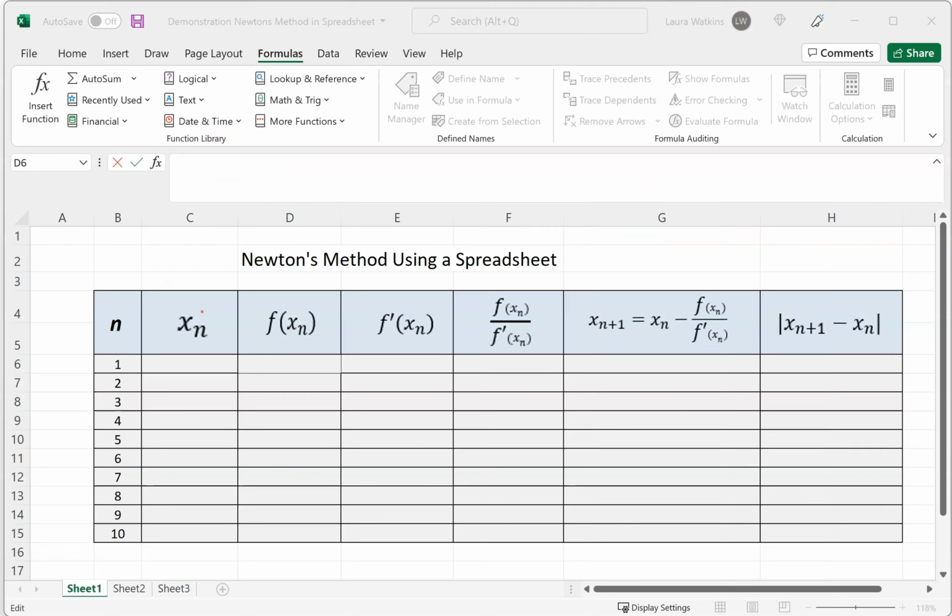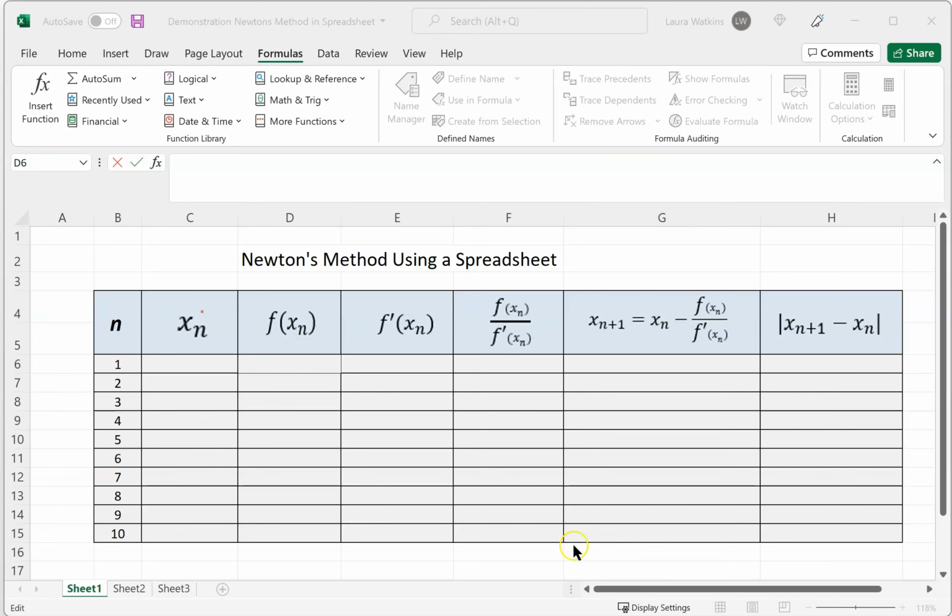What's nice about a spreadsheet is if you have formulas that you want to repeat over and over again, it's very simple to do by copy and pasting rows or cells and repeating that formula. So let's go ahead and see how this might play out with this particular situation.